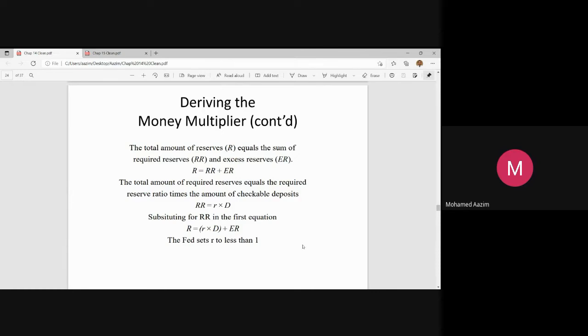Okay. And please understand, no central bank in the world would set this small r as 1. Why? If you set this as 1, that means the entire deposits you have to keep in reserves. So that means required reserves is always equal to the deposits.